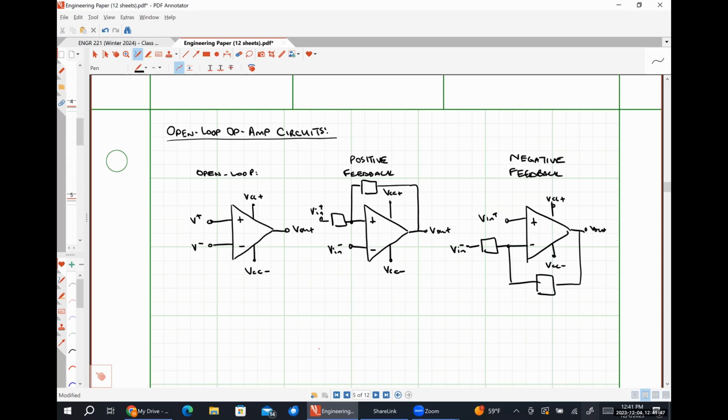So today we're going to talk about a particular type of practical circuit where this is exactly the response that we want, and it's called a comparator. Okay.